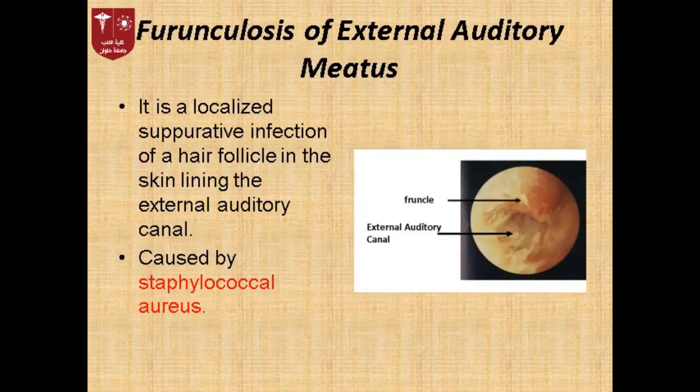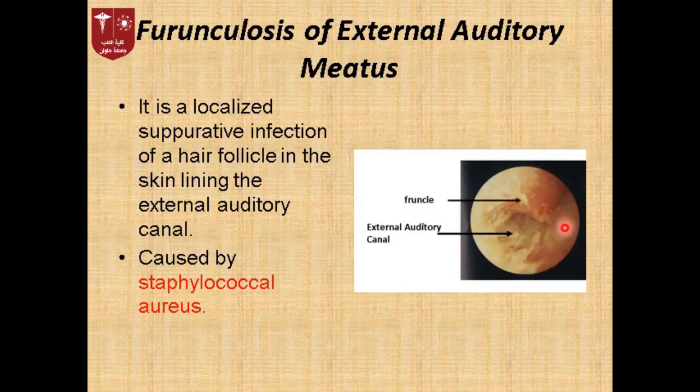We'll now start with the localized type of otitis externa, what's known as furunculosis. It is a suppurative infection of the hair follicle in the external auditory canal. The hair follicle is located in the outer 1/3 or inner 2/3?